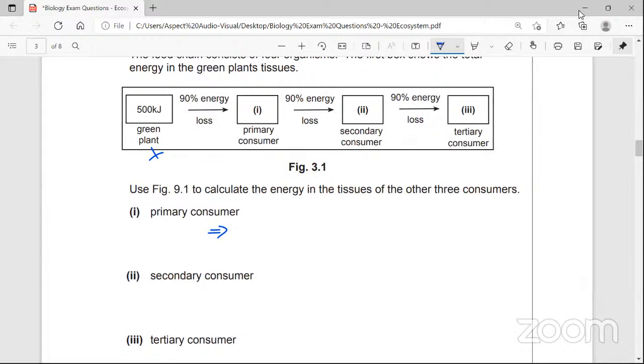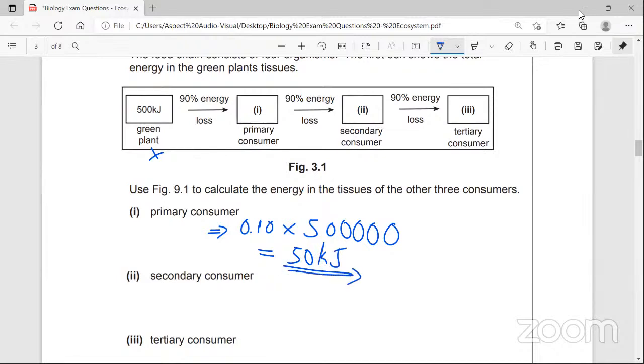Just find 90% of that and subtract, or just take 0.1 of it. You still get 50,000. What's the answer? 50 kilojoules, correct. That's the answer in the next level. So you have 50 kilojoules here.